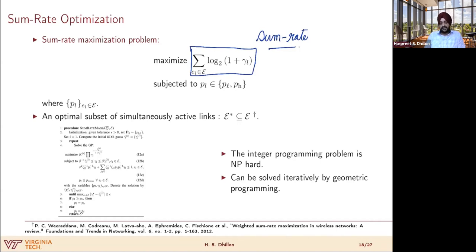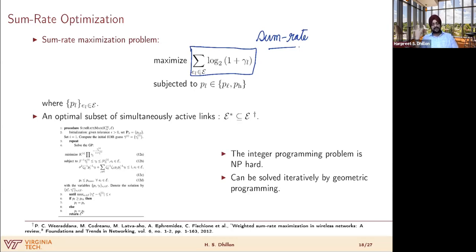So we are restricting the power to either PL or PH. This problem is notoriously hard. It is an integer programming problem. But it can be solved iteratively by geometric programming for say small to moderate size networks. Even using heuristics, you can't really solve this problem for extremely large networks.